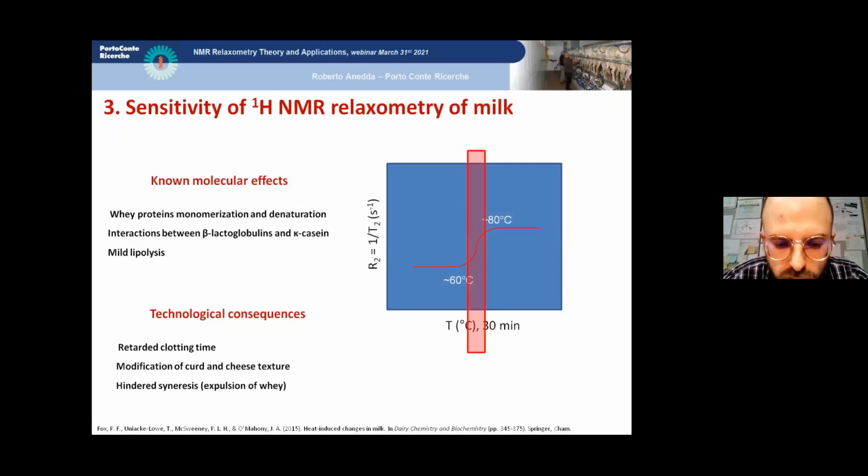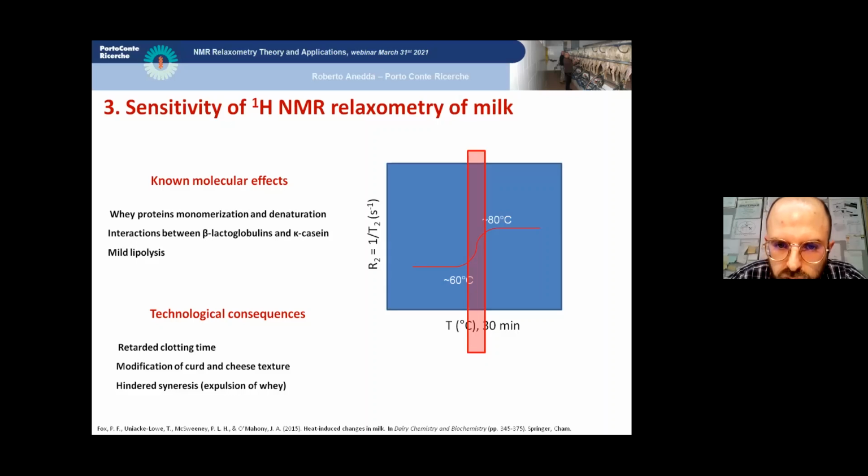Lambelet and co-workers, in their pioneering work in the 90s, showed a steep increase of transverse relaxation rates of milk models as a function of heat treatment from about 60 to about 80 Celsius degrees.